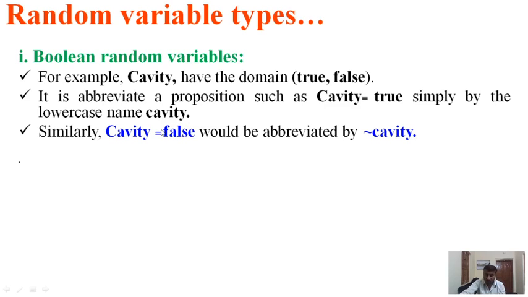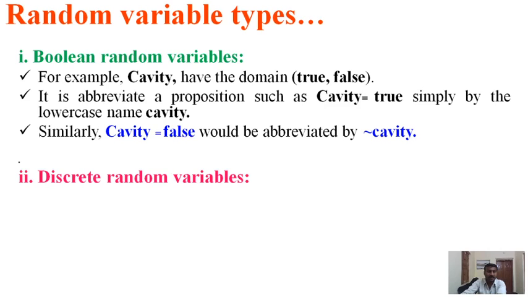Not cavity means no cavity. Negation means opposite to truth, so false is the answer for that. We can represent it in this manner. So this is the first type.